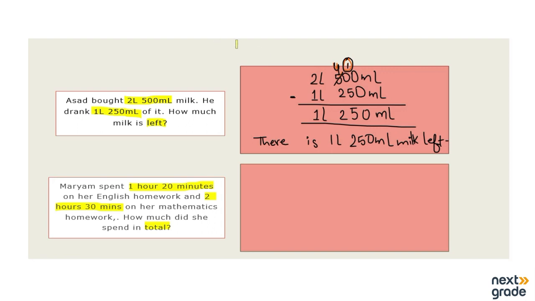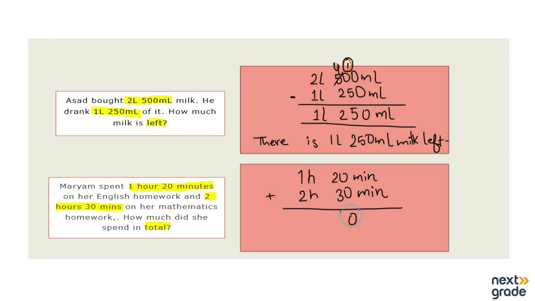That is, how much time did she spend combined? That means it's a question of addition. So let's write the question over here. 1 hour and 20 minutes. And then we have 2 hours and 30 minutes. Okay? Let's add both of these numbers.